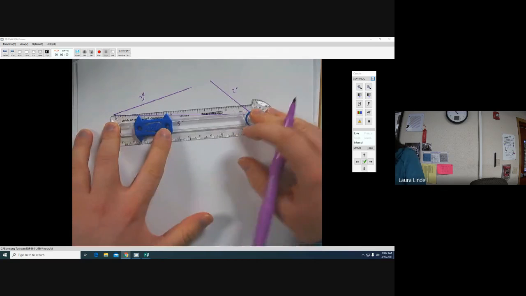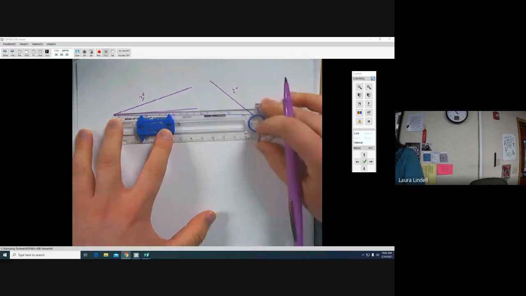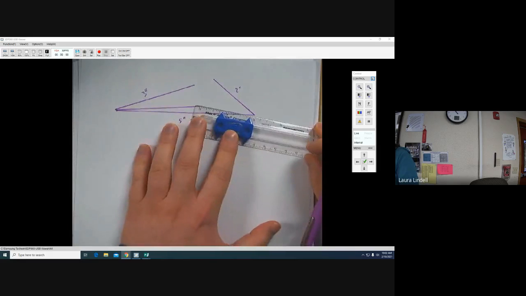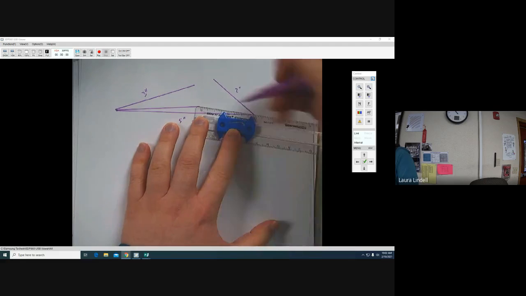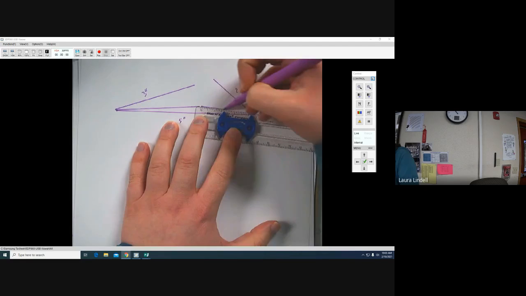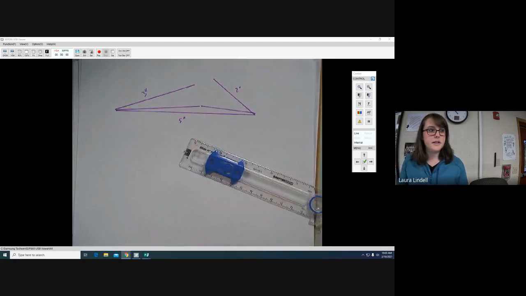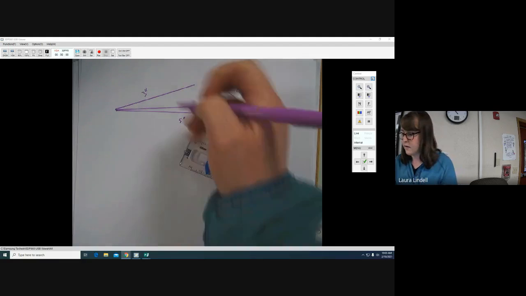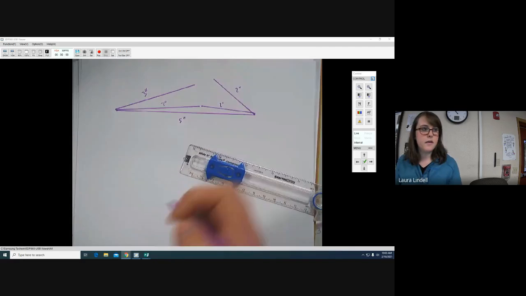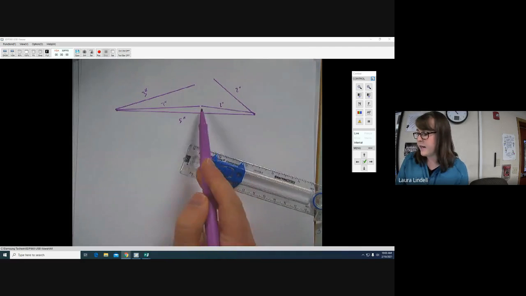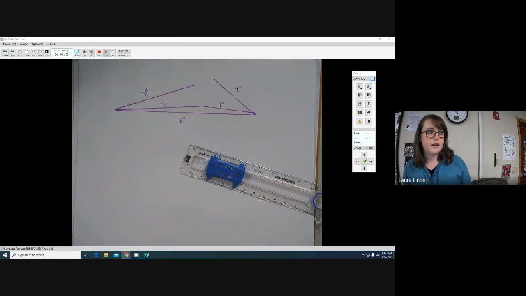See if we can get it to work. It gets really, really close, doesn't it? Like we've still got that teeny tiny gap. Can anyone see a problem with what might be going on here?